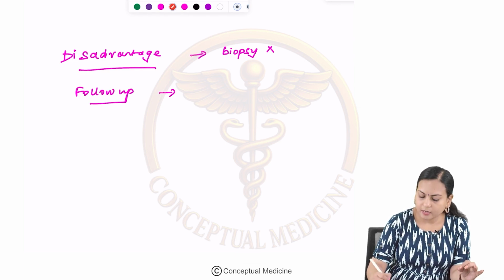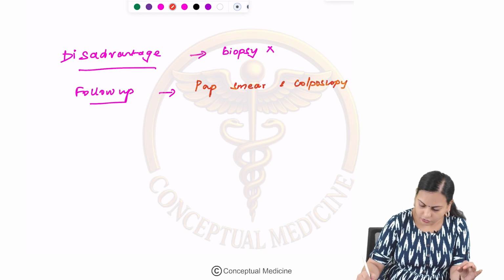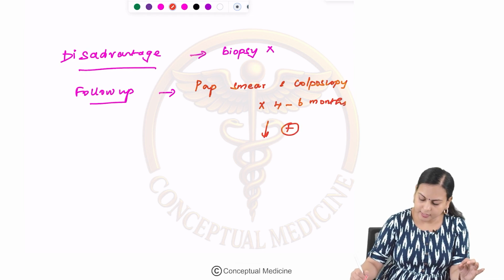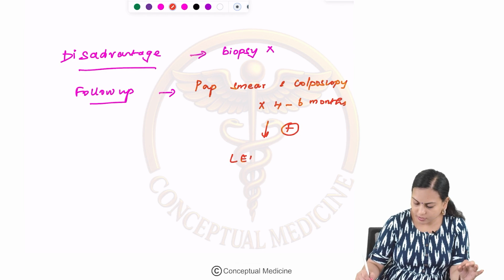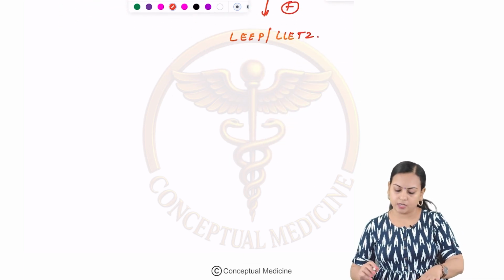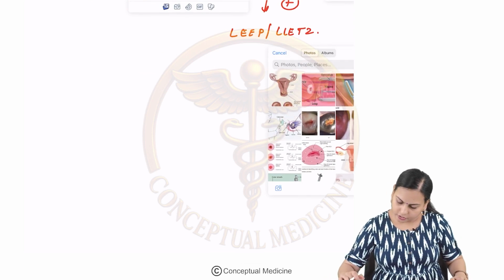You have to take a pap smear and colposcopy for 4 to 6 months, and if they are positive at any stage, you can treat them with LEEP or LETS. Now, let's see how cryoablation is done.